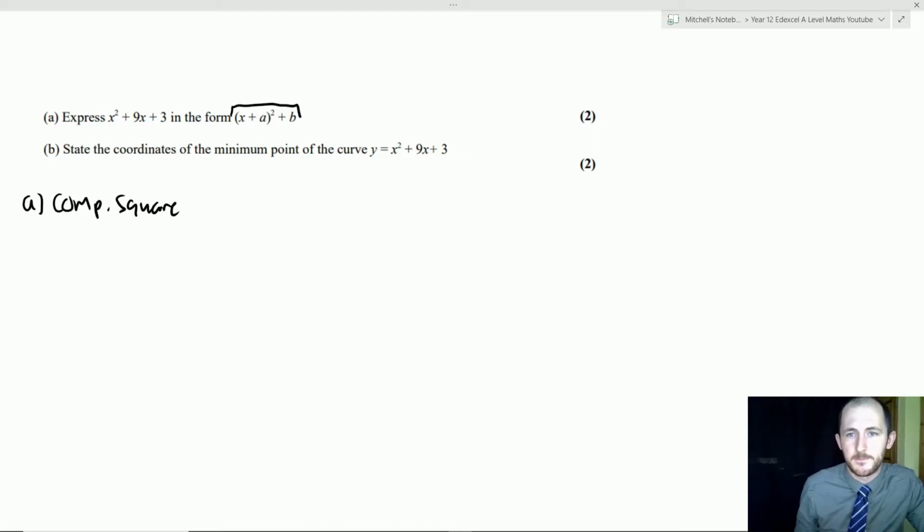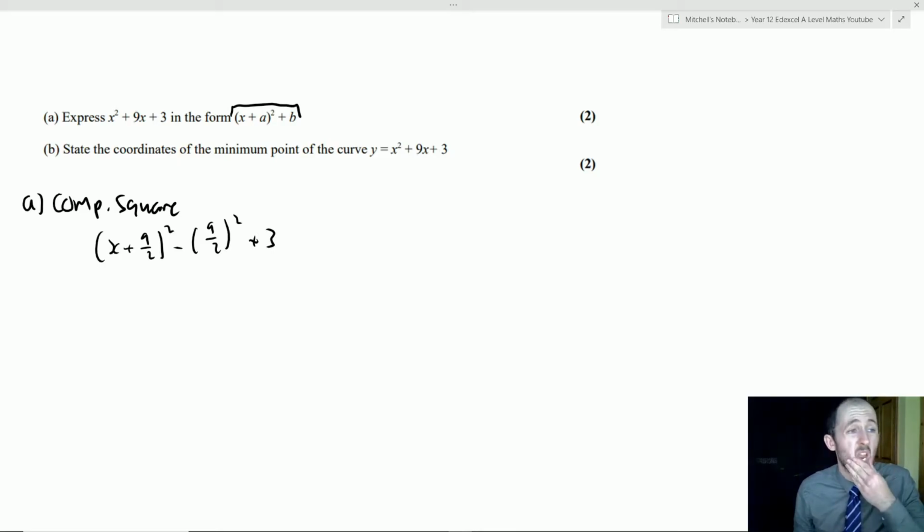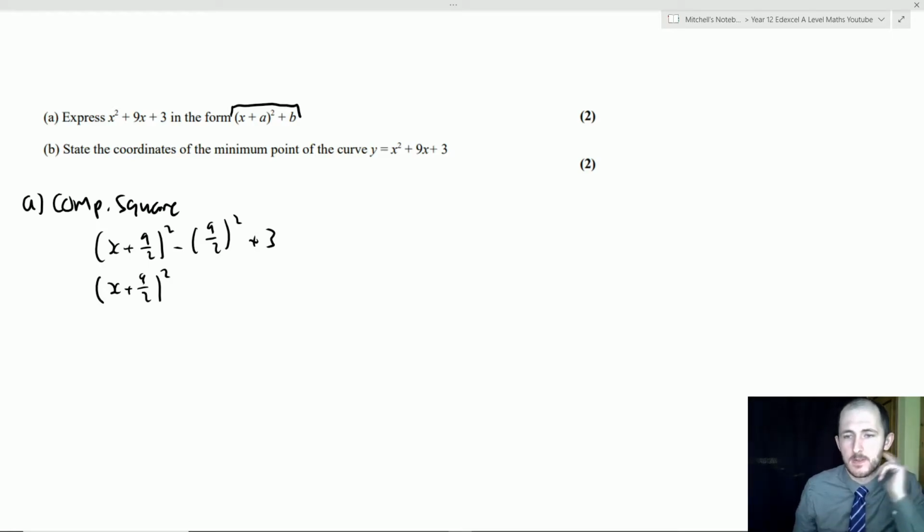So let's do it. We have x plus 9 over 2 squared minus 9 over 2 squared plus 3. Okay. So let's do this. Again, you can use a calculator, so don't really worry too much about it. But 9 squared is 81, 2 squared is 4.